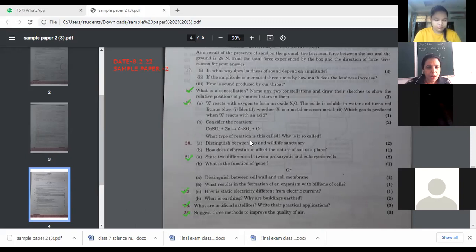So I hope children, you can guess in this A part. Metal oxide is formed, soluble in water, and from here you can guess, turns red litmus blue. Who changes red litmus to blue? Tell me.